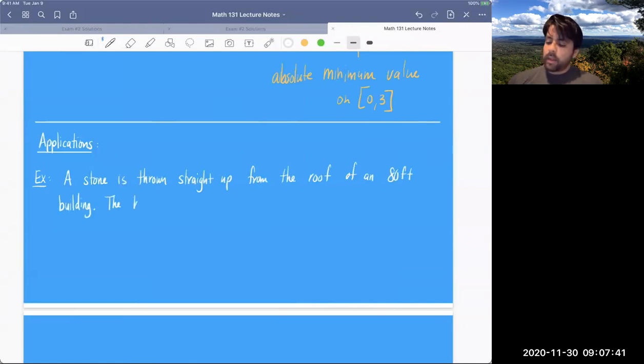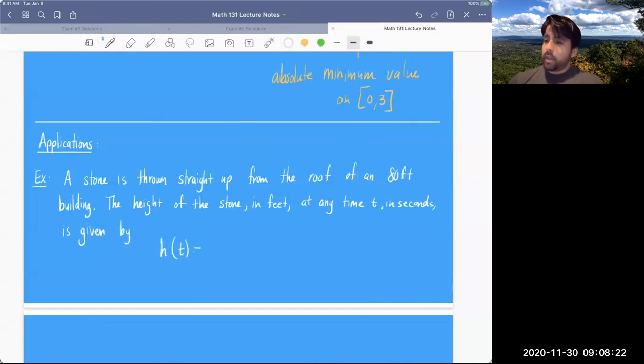The height of the stone in feet at any time t in seconds is given by, so of course we're given a quadratic.